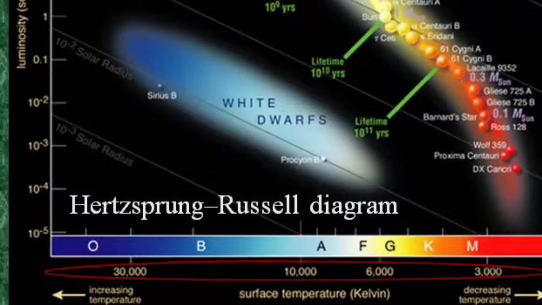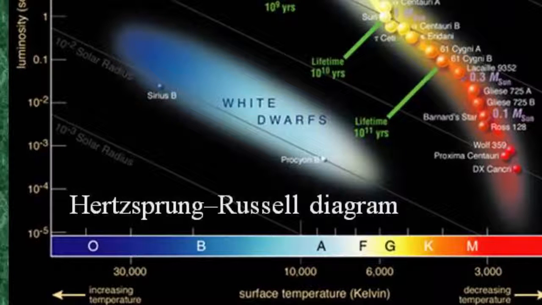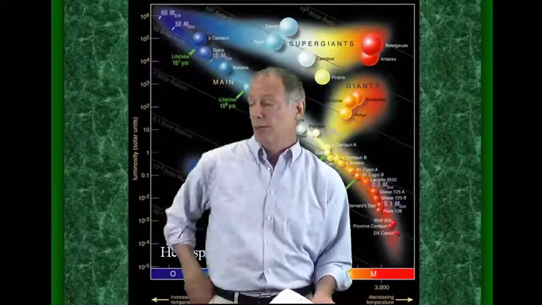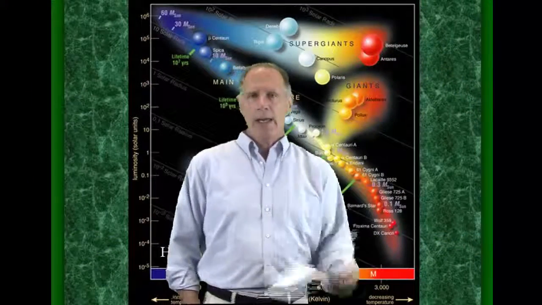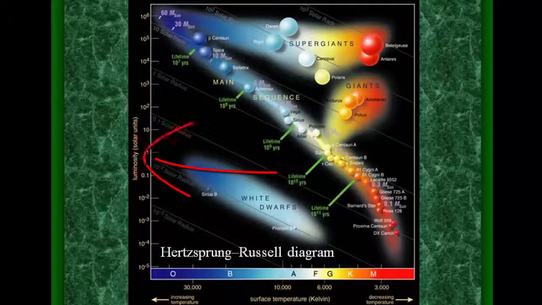You get stars the size of the sun, they're about 6,000 degrees. And you go on all the way on up towards where the y-axis hits the diagram. You're getting stars that have temperatures of 30,000 degrees Kelvin or greater even. Now on the y-axis we're plotting luminosity. You may remember that luminosity is essentially intrinsic brightness.